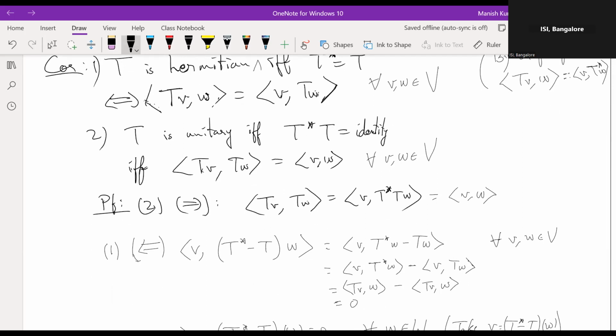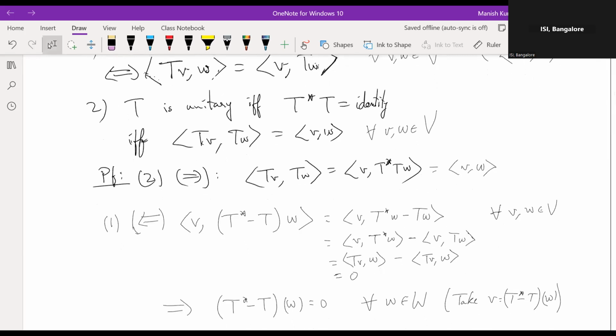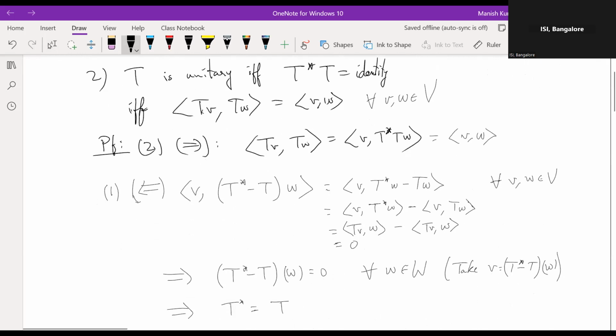So let's see what it does to a vector W. T star minus T W means T star W minus TW. That is how the linear operator is defined.